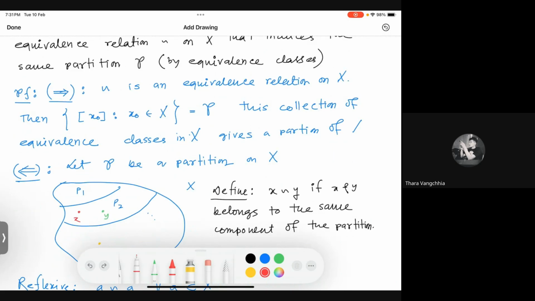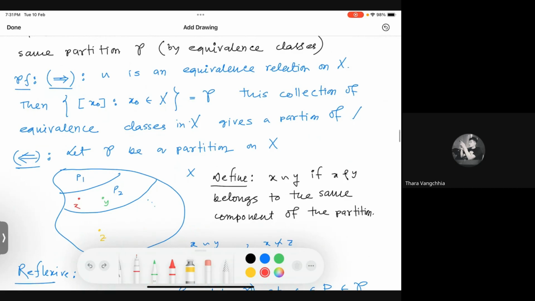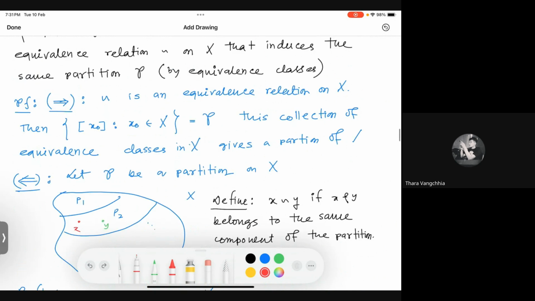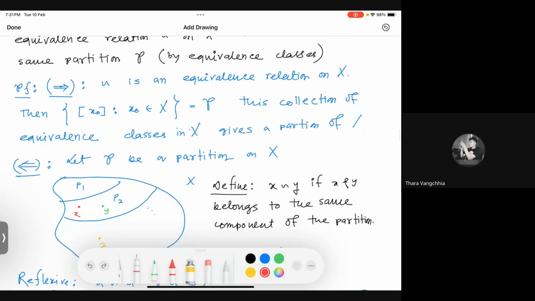This proof is easy, but see, there is a trick in how to prove the second part. The first part is very easy. If you have an equivalence relation, then take the classes. Take all the equivalence classes.